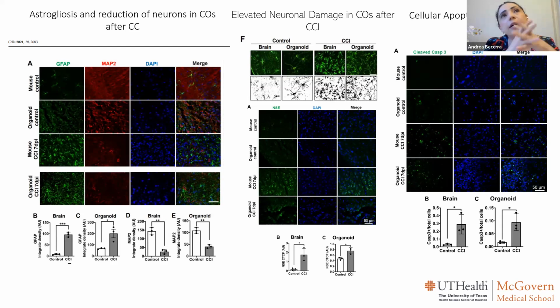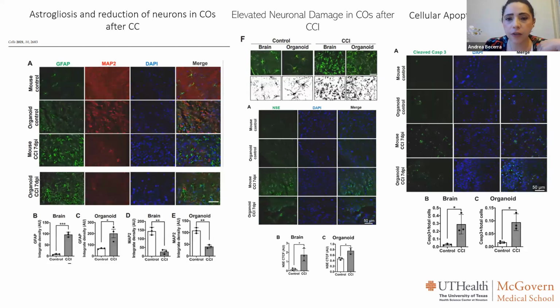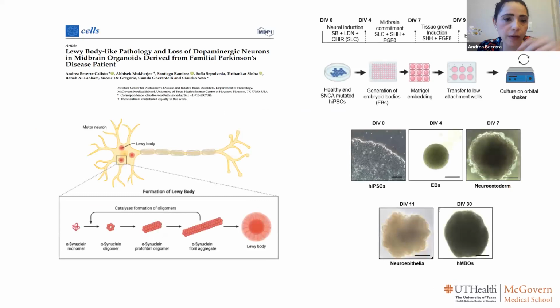So the only disadvantage of this model is that we don't have microglia, the cells related to the immune response, and this is important. So we decided to include these cells in the future for this model to try to mimic the human brain as much as possible.